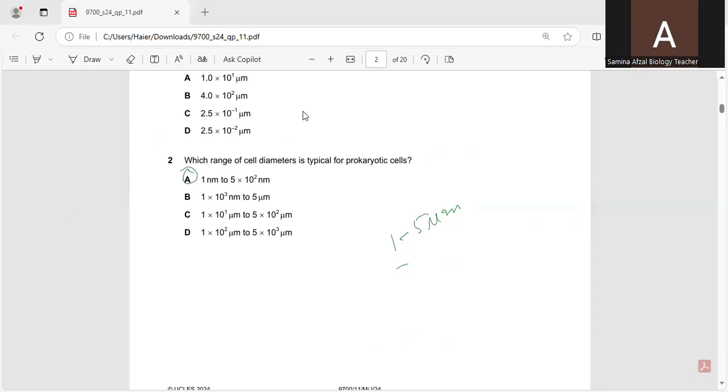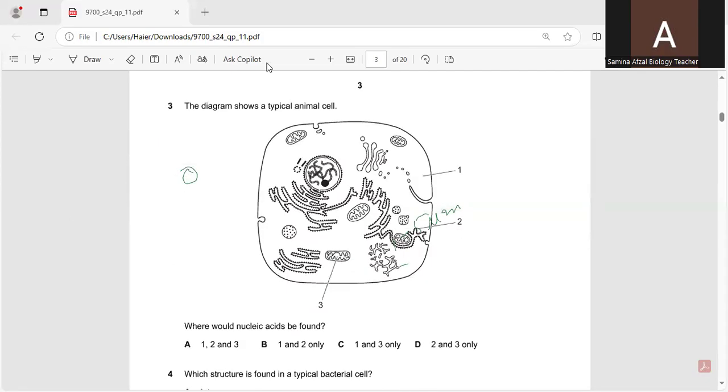Now we will move towards question number 3. In question number 3, you can see the diagram shows a typical animal cell, and they have labeled 3 different parts. Where would nucleic acid be found?